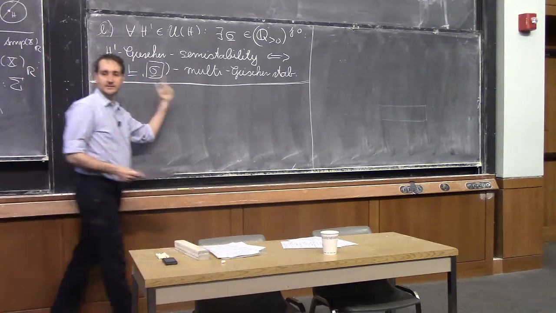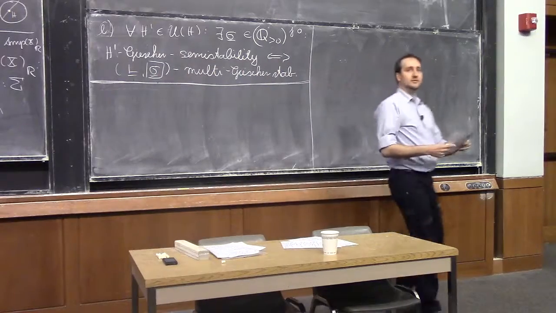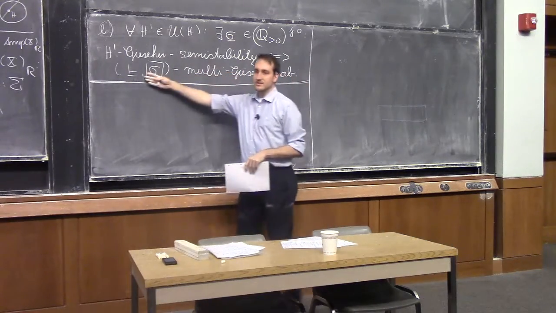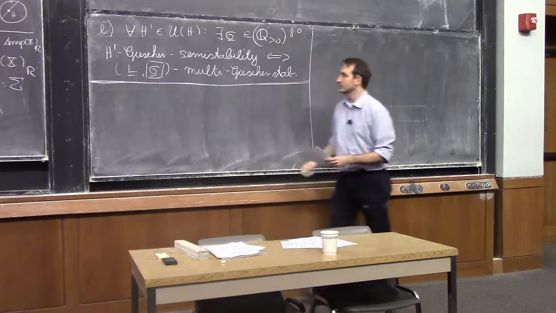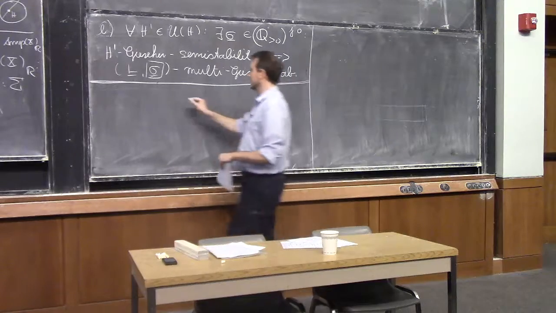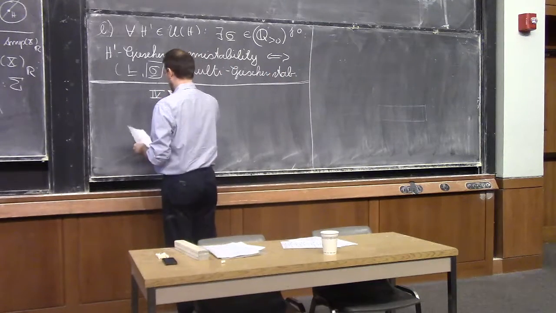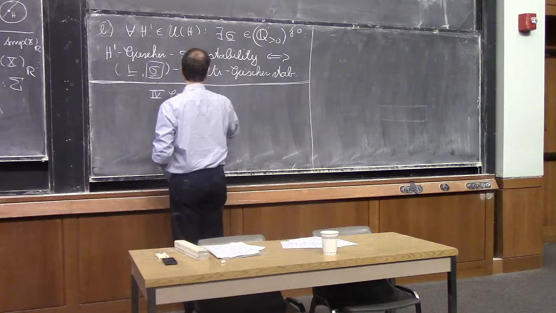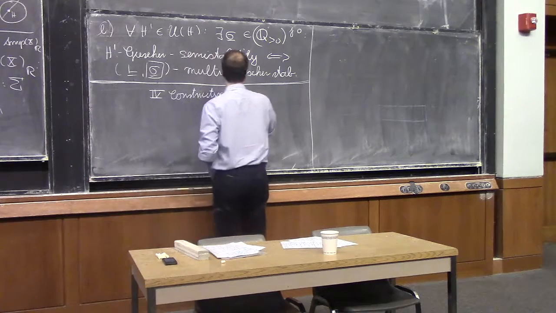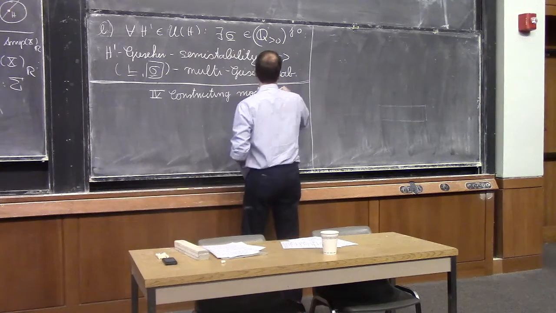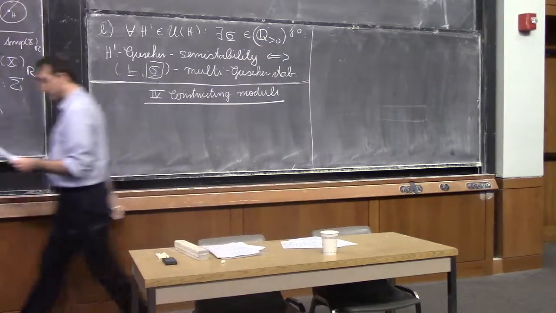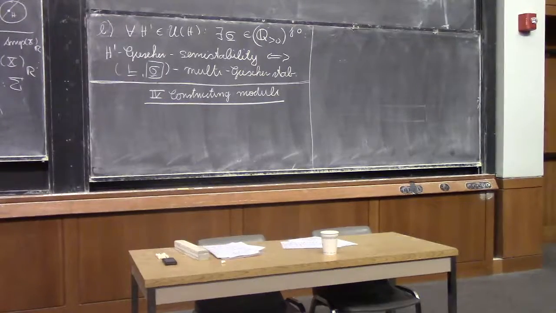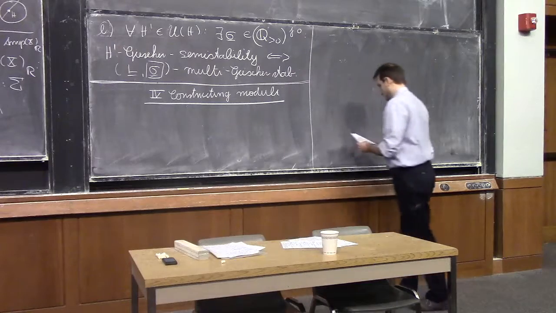So if I can exhibit a construction which is uniform in sigma, using GIT, I will at the same time prove the variation, and this is what we do. Okay, so this is for constructing moduli spaces for this multi-Gieseker semi-stability condition.